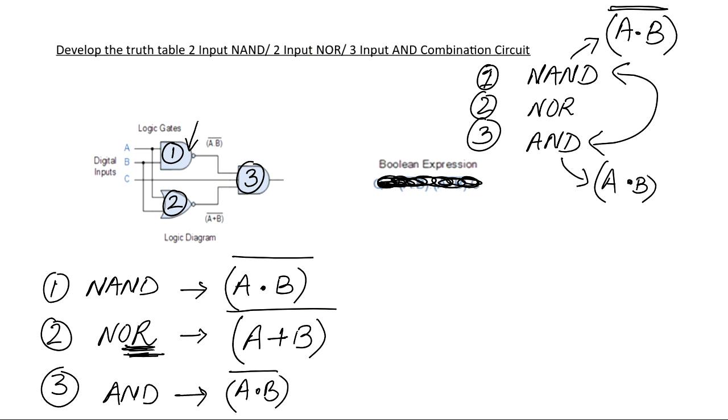Multiply is represented by a dot symbol. The second input is C, coming directly from here. And the third input is the output of the second gate, which is A plus B, whole inverse. So this is the final expression output. This output will be this one.